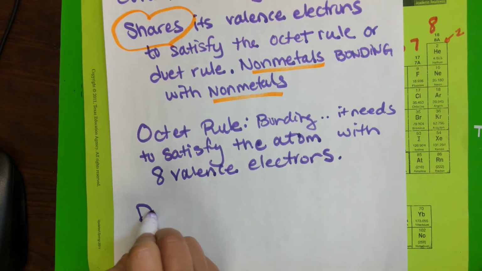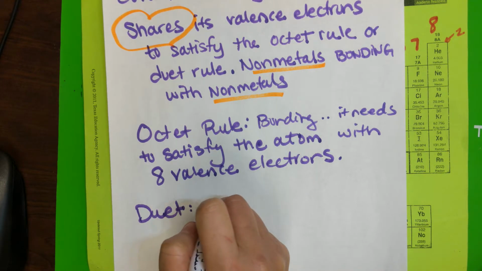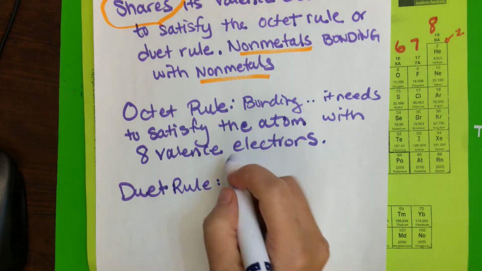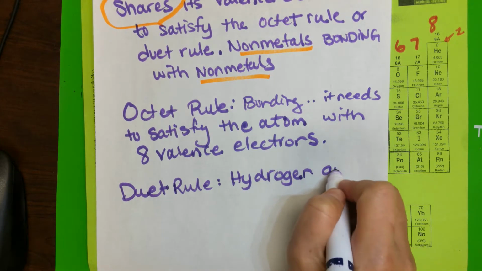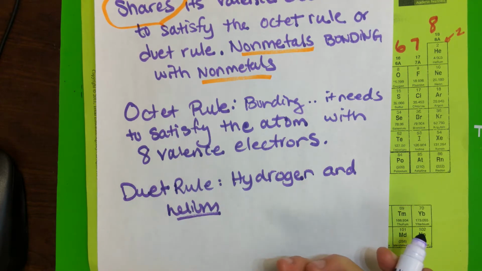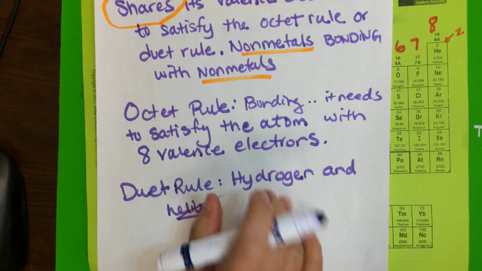The duet rule is only for hydrogen and helium. And helium, remember, doesn't even bond, so it's really out of the question. Really, it's hydrogen.